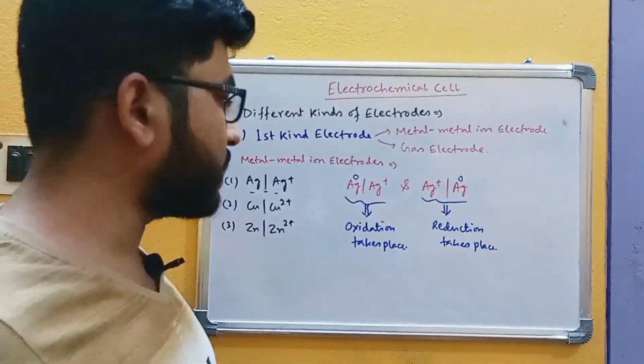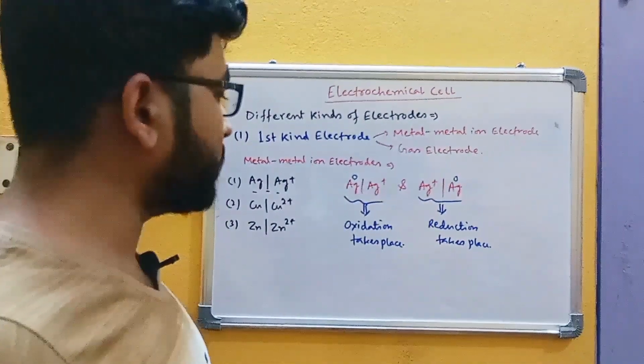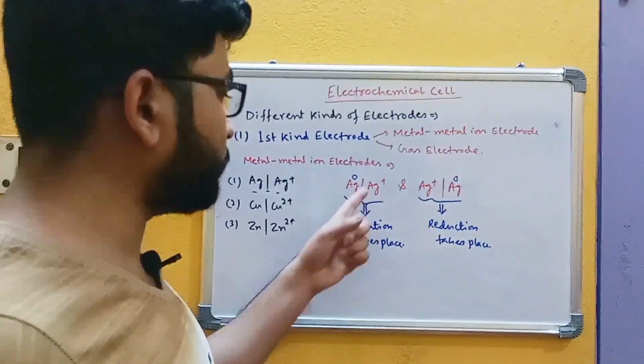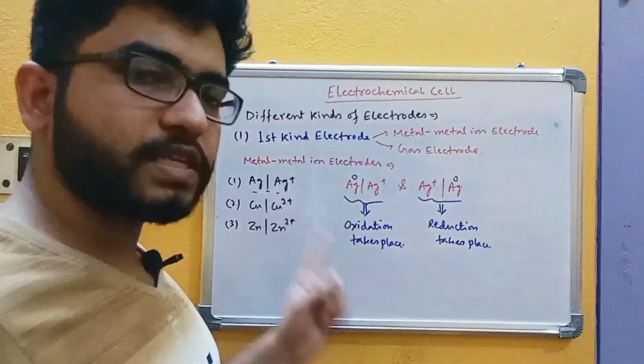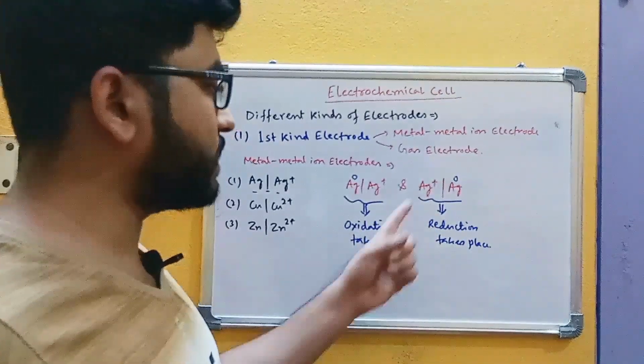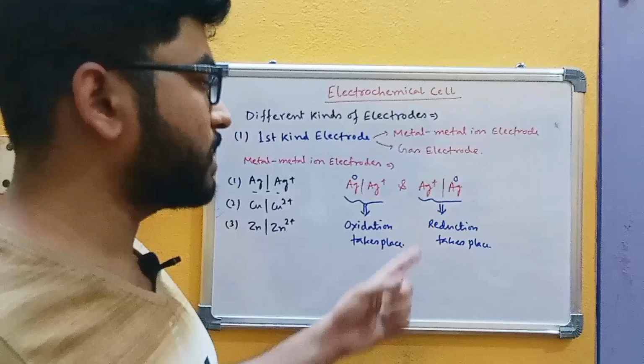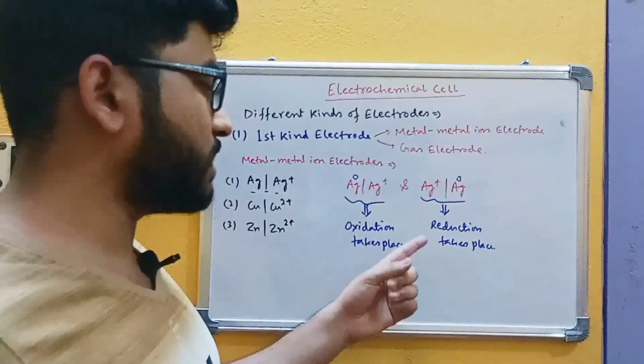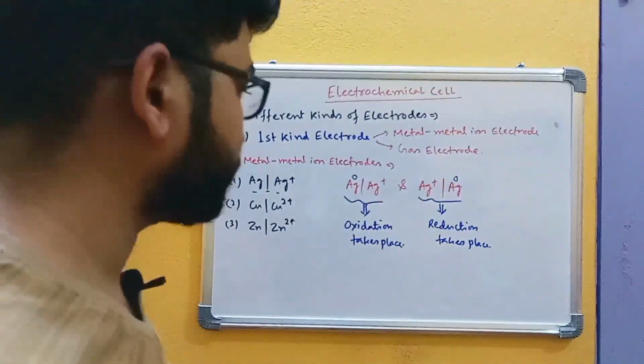So here you can see that Ag is in 0 oxidation state and the oxidation state increases to +1, so oxidation takes place. But here it is in +1 oxidation state and it turns to 0 oxidation state, that is, the oxidation state decreases. That's why reduction takes place here.